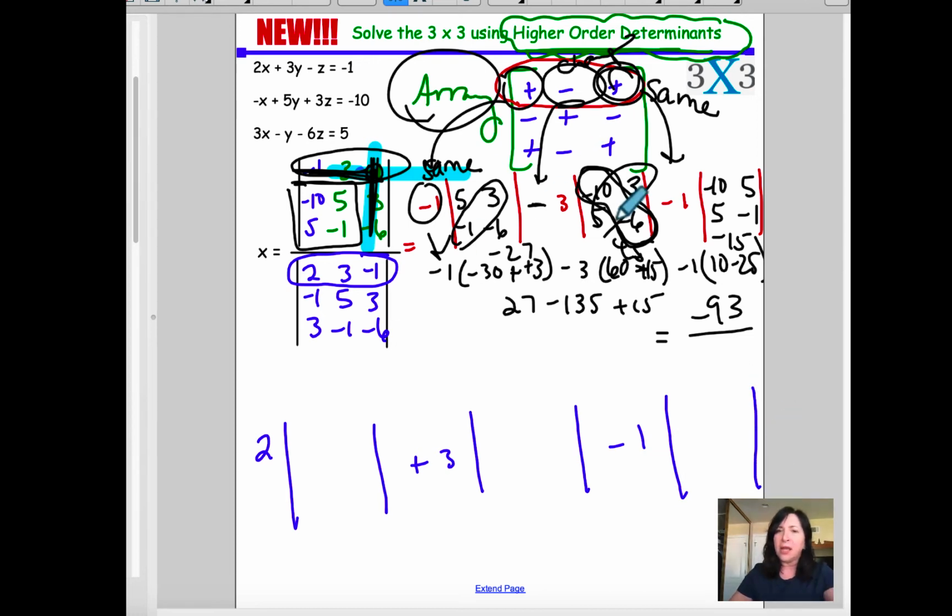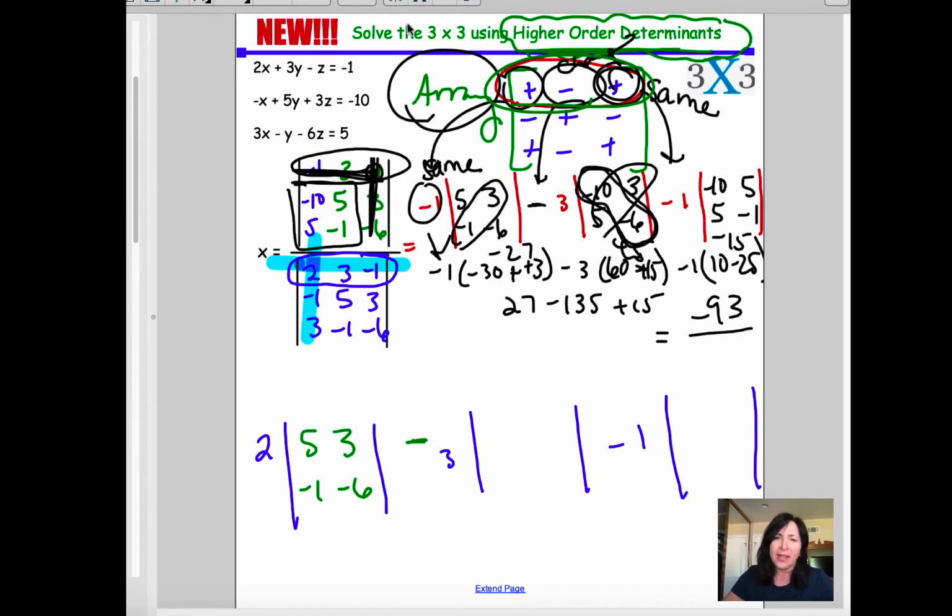Now keep in mind, I'm going to put the array in right now. The top row again is same, opposite, same. 2 stays positive, opposite, same. So this positive 3 is now going to be a negative 3, so I'm going to get rid of this minus. Now, again, what I'm going to do is take my crossing out, and I'm going to cross out on the 2. And so what's left is this bottom corner here, which is 5, 3, negative 1, and negative 6.